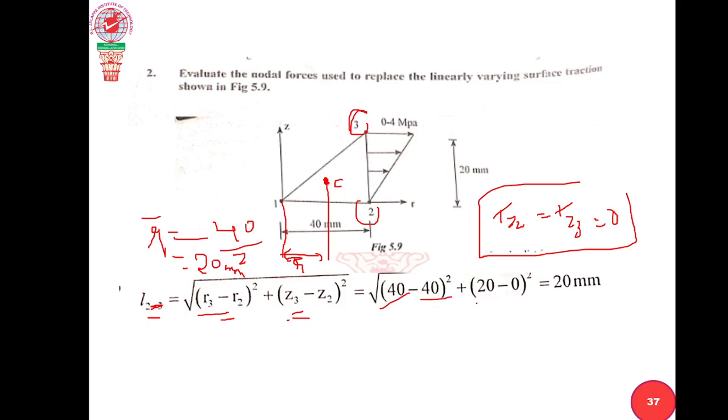Z2 is 0, correct? Whole root. How much will you get? 20 mm, sir.